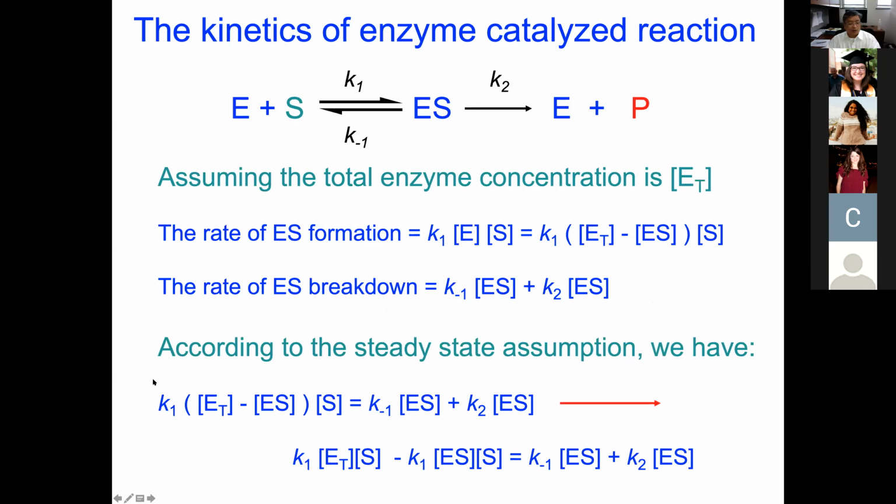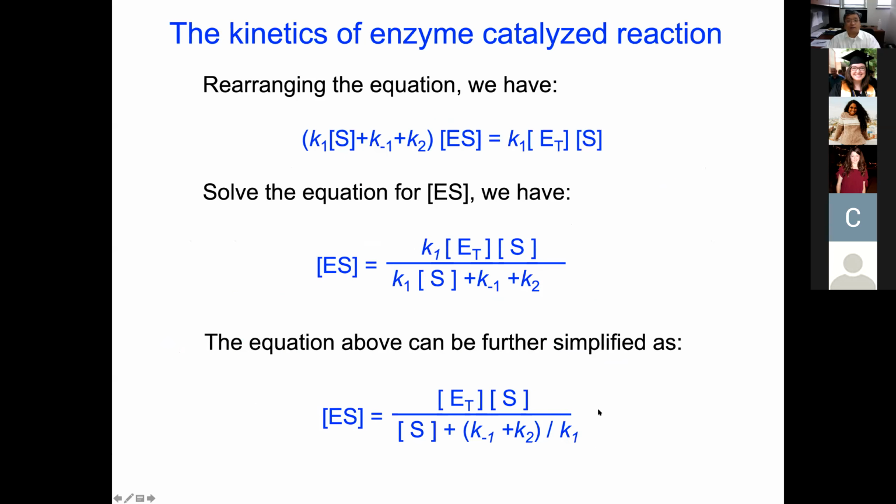So now we have this equation. It's pretty complicated, but one side is how fast ES forms, and the other side is how fast ES gets consumed.